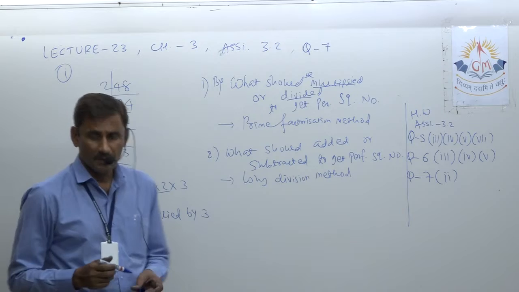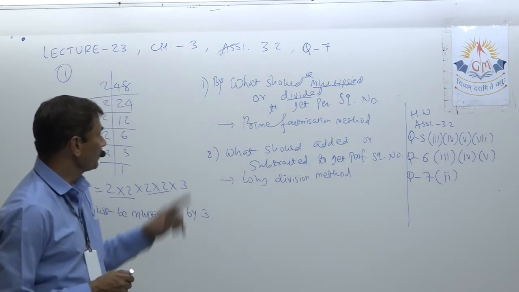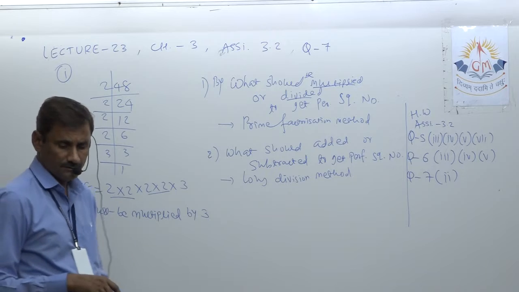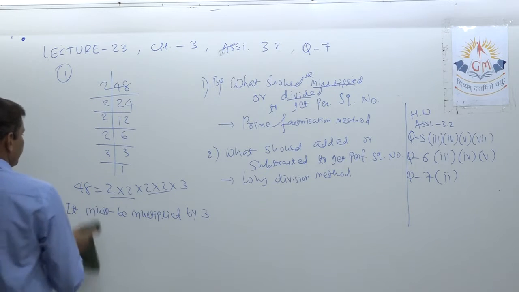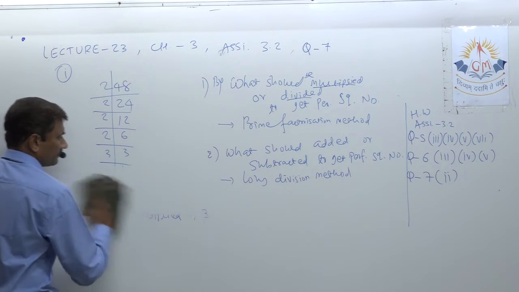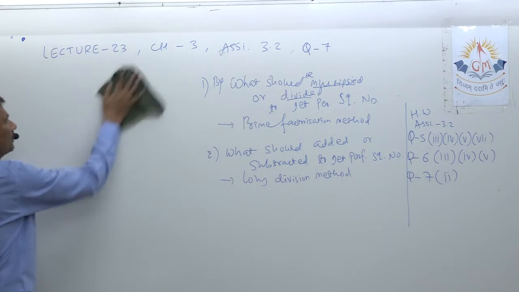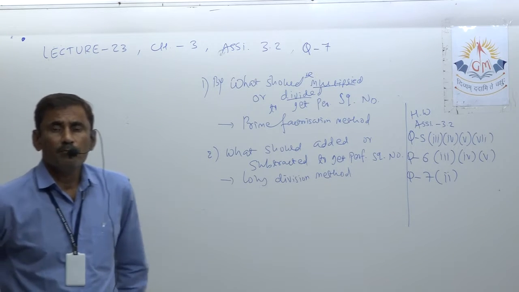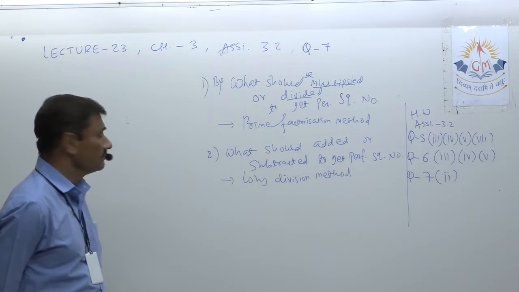Okay, so where to apply which method, that you can know. If you want, you can write it down anywhere, otherwise you will forget it. Okay, so in this one we derived that by 3 we should multiply it.